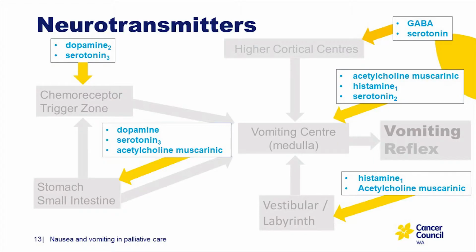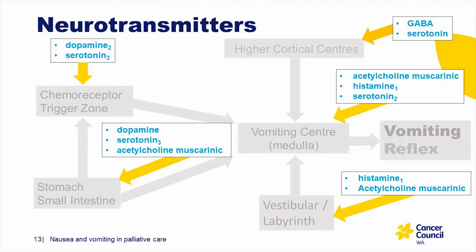For each of these centres, there's then neurotransmitters that are involved, and these affect in different ways the amount of neurotransmitter that's released. There's different balances within each centre, and these are mentioned here on this slide. So for your higher cortical centres, we're talking about things like GABA and serotonin. Your chemoreceptor trigger zone is mainly moderated by dopamine and serotonin.